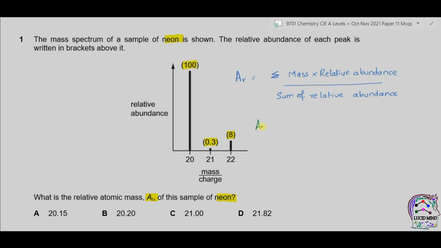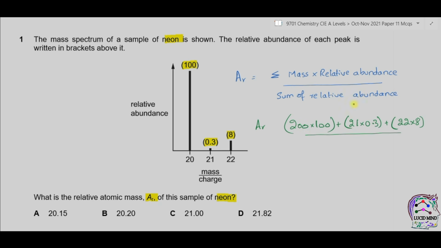So putting values for the first isotope, the mass is 20, the relative abundance is 100, so 20 into 100 for the first isotope, plus 21 into 0.3 for the second isotope, plus 22 into 8 for the third isotope.